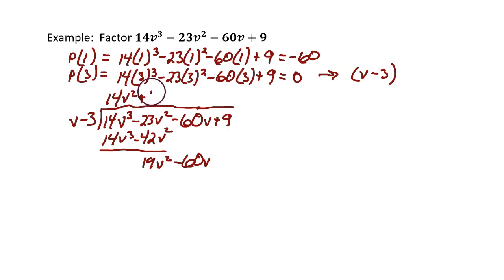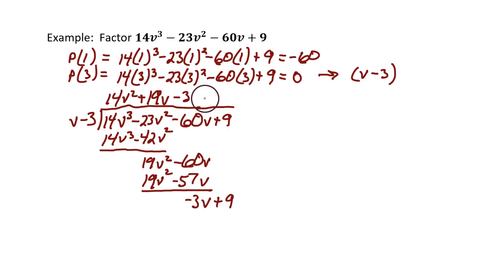V times positive 19v makes 19v squared. And 19v times negative 3 makes negative 57v. Now subtract. Negative 60 subtract negative 57 is negative 3v. Bring down the positive 9.